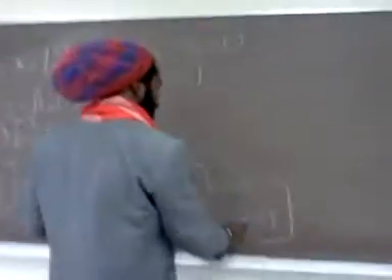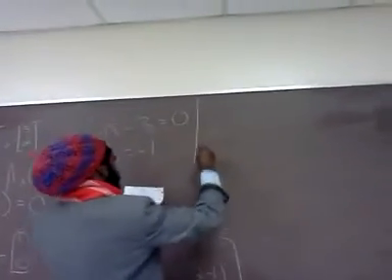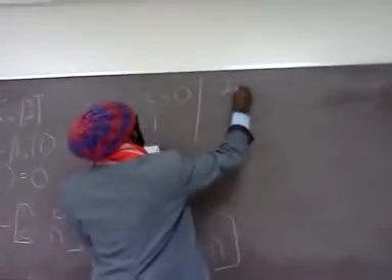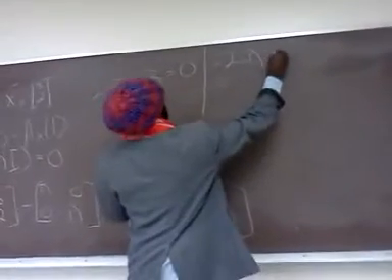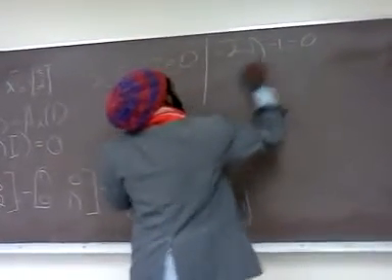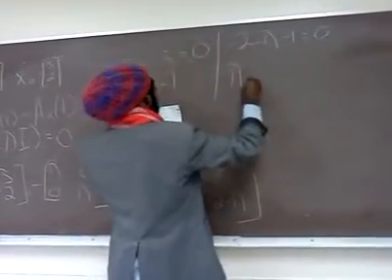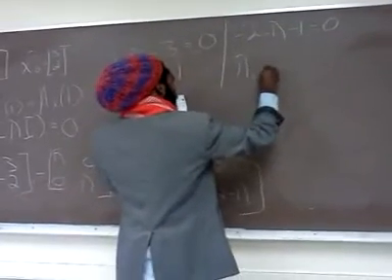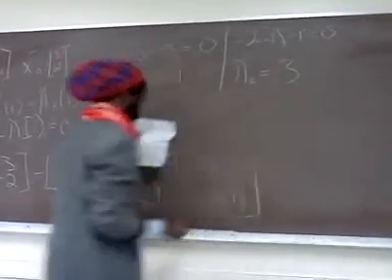Now, we're going to do the same thing with our second eigenvalue. Our second eigenvalue corresponds to 2 minus lambda minus 1 equals 0, and our second eigenvalue is negative 3.